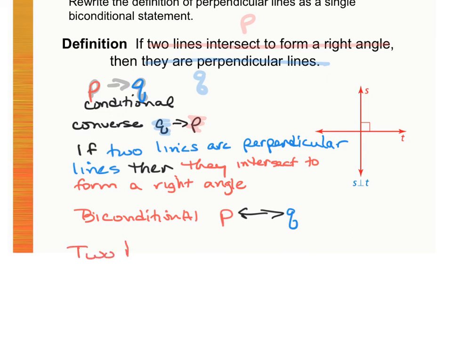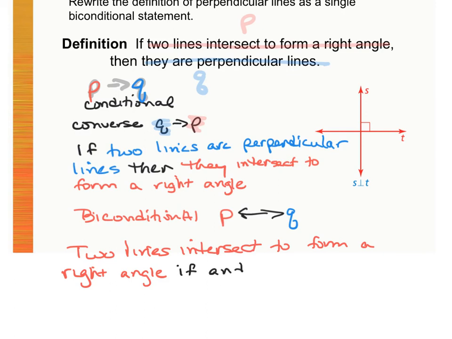So two lines intersect. Remember, for the biconditional, we drop the word if, to form a right angle. And then this is where we're going to put in the words if and only if. And again, if you want to abbreviate that as IFF, you can do that.